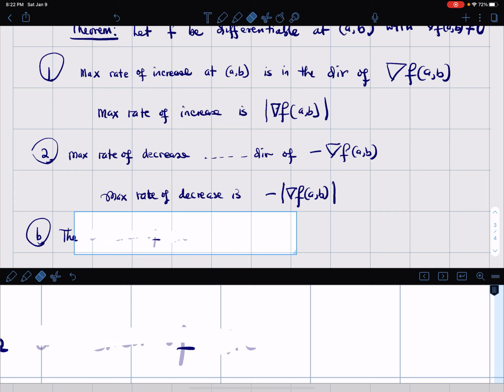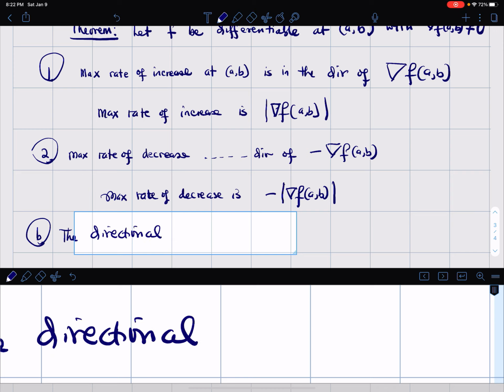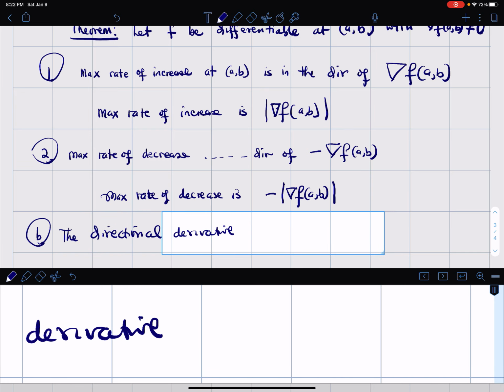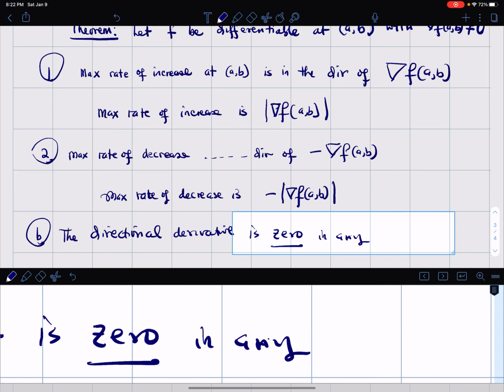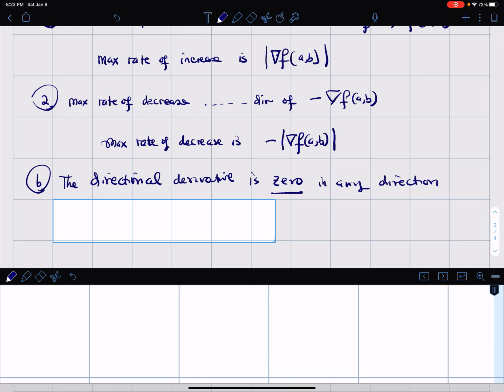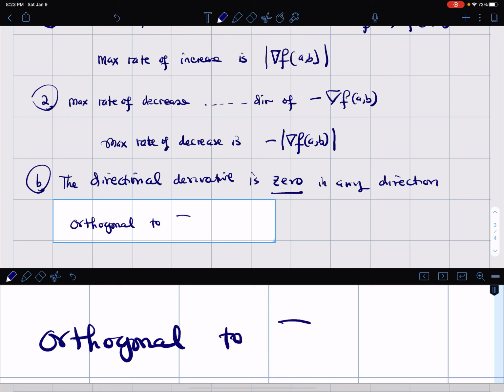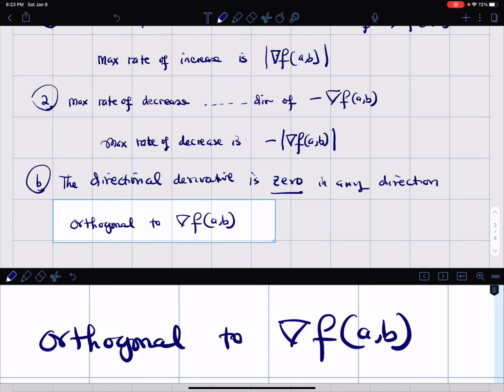Well, let's write it this way: the directional derivative is 0 in any direction orthogonal to the gradient.